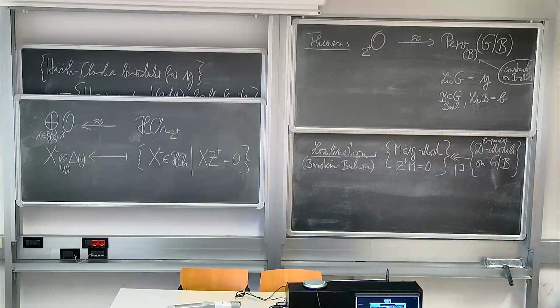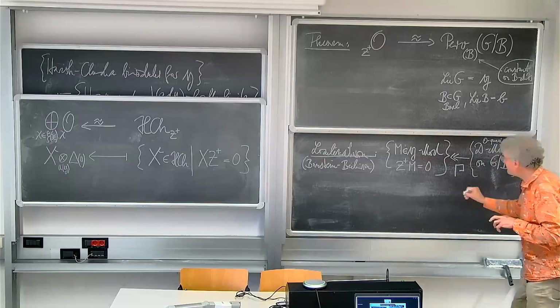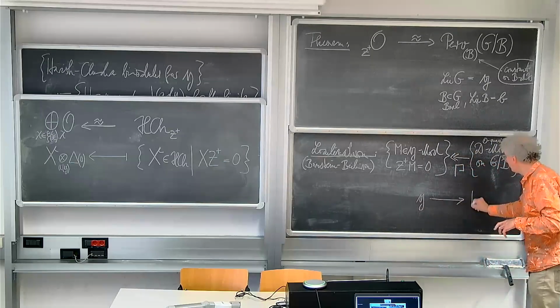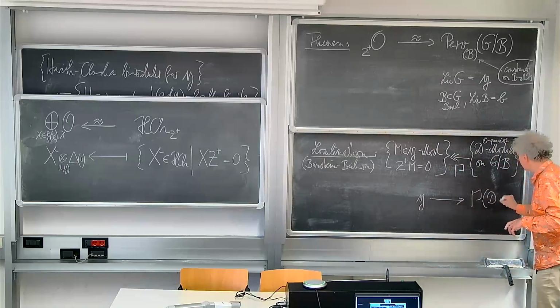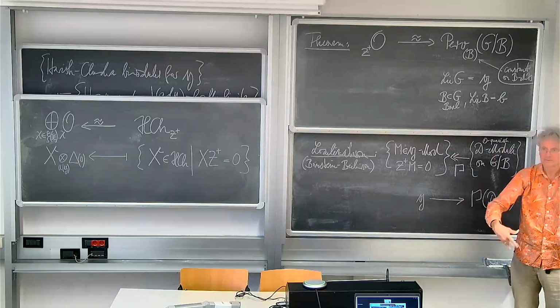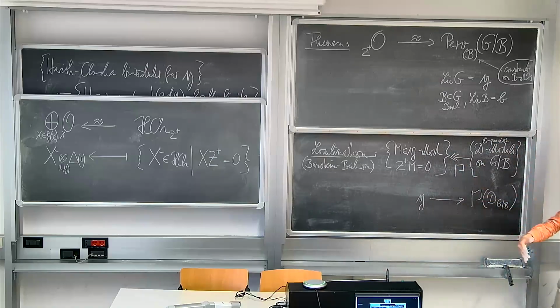Then there is a map from the Lie algebra to the global differential operators on G mod B, because the group acts on this variety, and so each element of the Lie algebra gives a vector field by infinitesimal action.